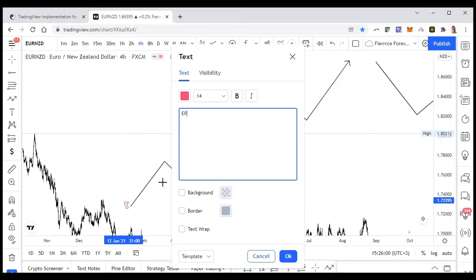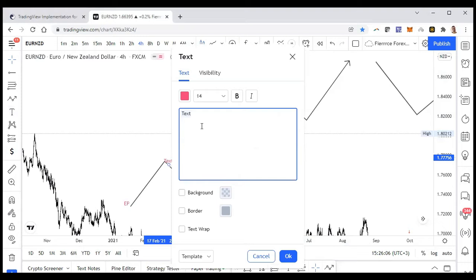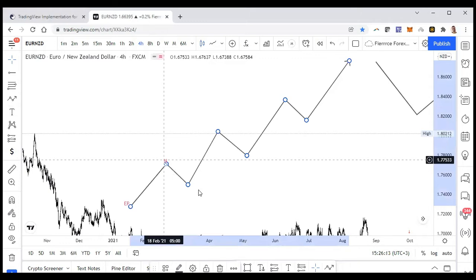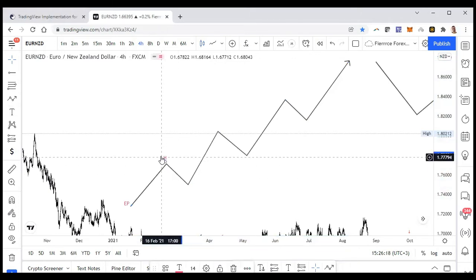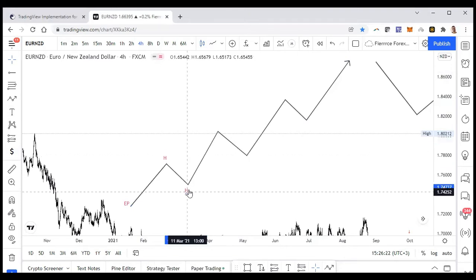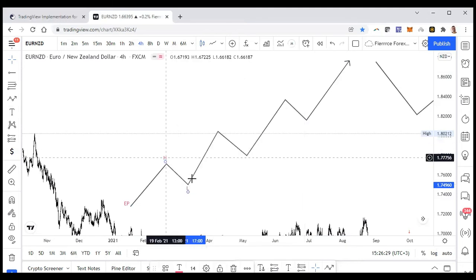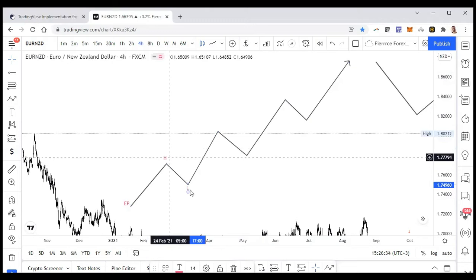Then we come to a high, and I'll put it as an H. At this high here, we rejected at this high level and came down here and formed a low, so I'll put that as an L. Now this point here is lower than this point here. So this is the high, and then this is a low.